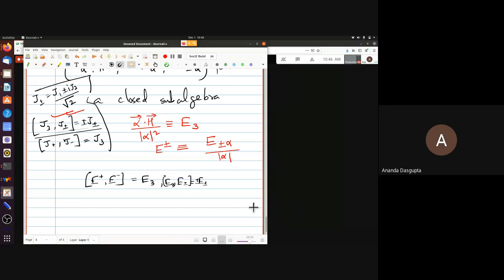Or strictly speaking, not a root, but a root pair, alpha and minus alpha.